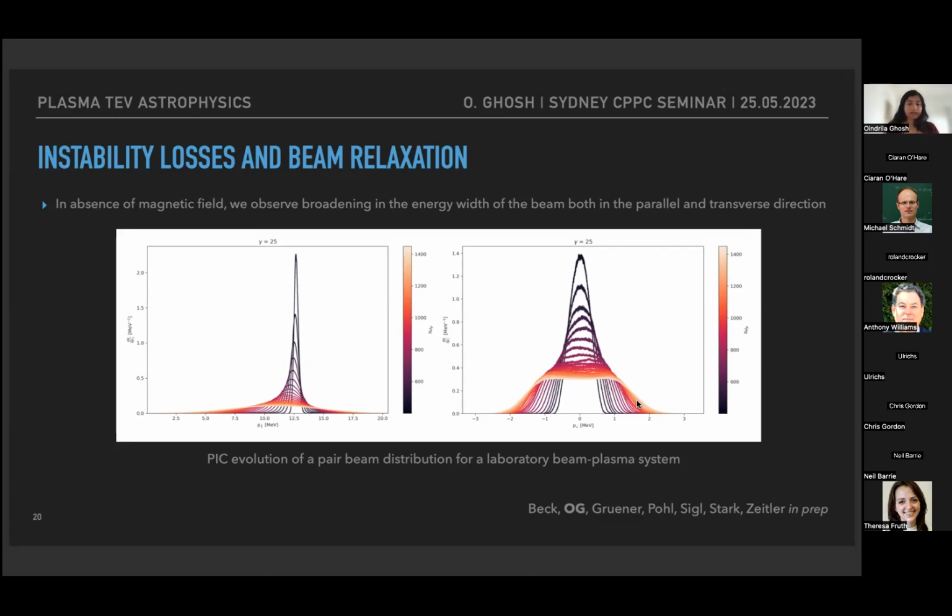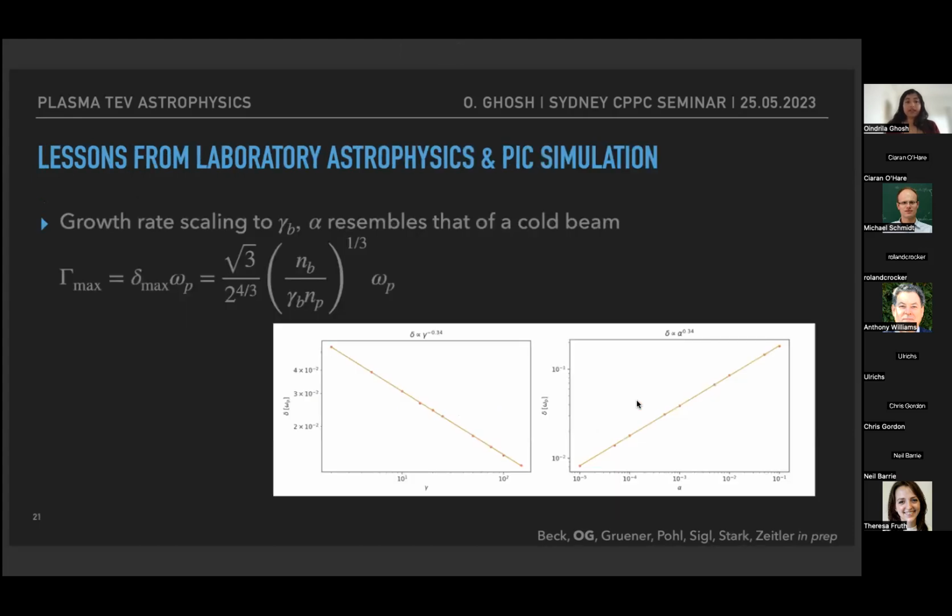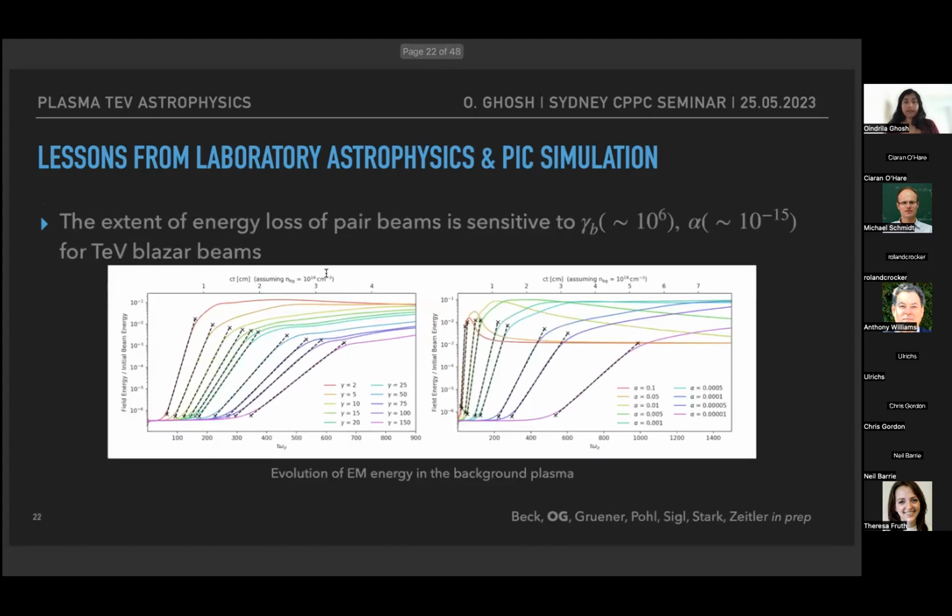So this is an evolution we see from particle in cell simulation. And the growth rate agrees with the reactive growth rate, the maximum reactive growth rate that we could expect, meaning the growth rate of a monochromatic pair beam. And these are the known scaling for such growth rates.